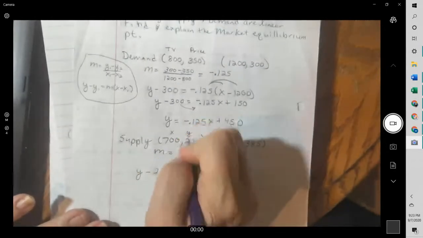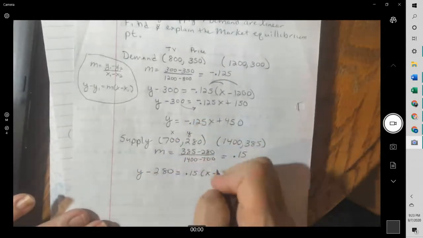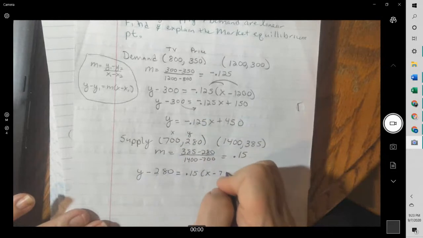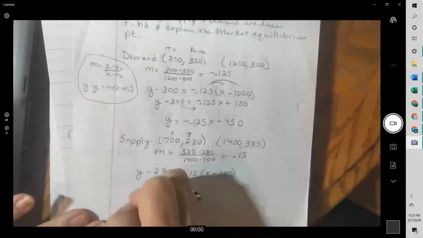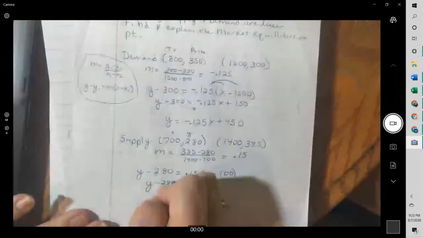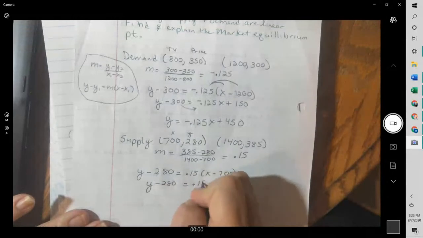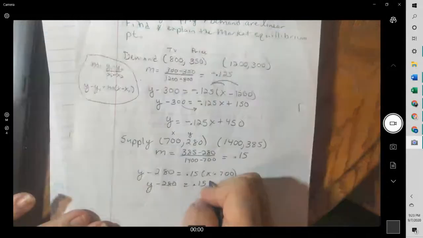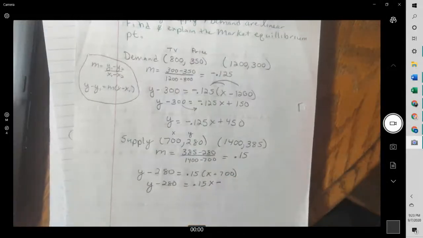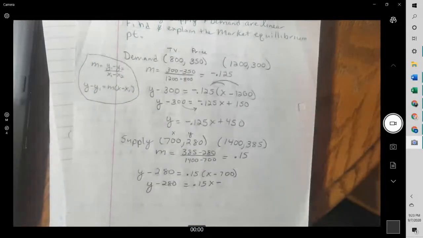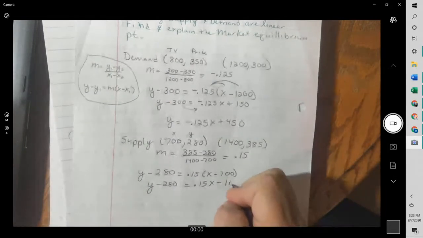Distributing the 0.15, 700 times 0.15 gives us 105.